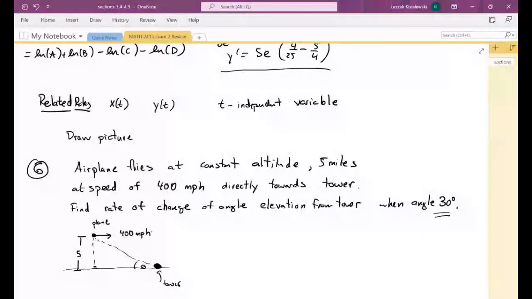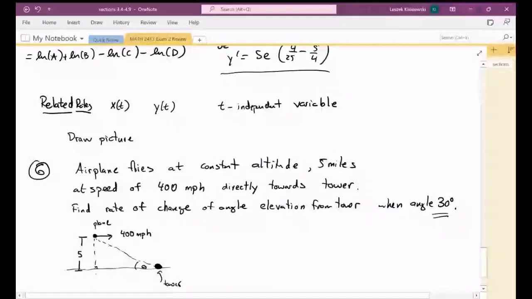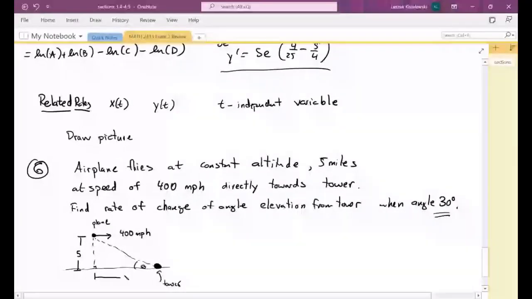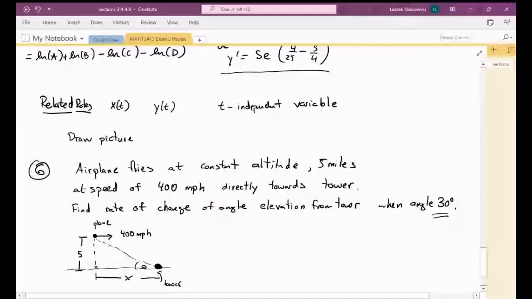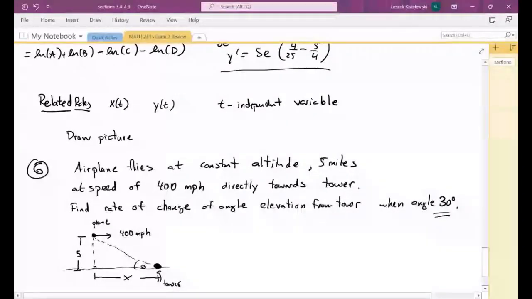Oh, I forgot to label something. What am I forgetting to label? The distance, or the horizontal distance the plane is from the tower. I could also use hypotenuse if you want, right? That's another option. But why am I considering the horizontal distance?